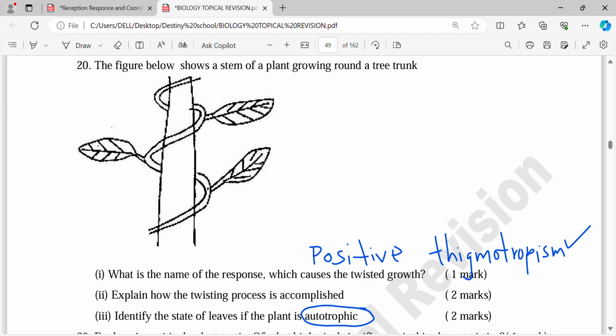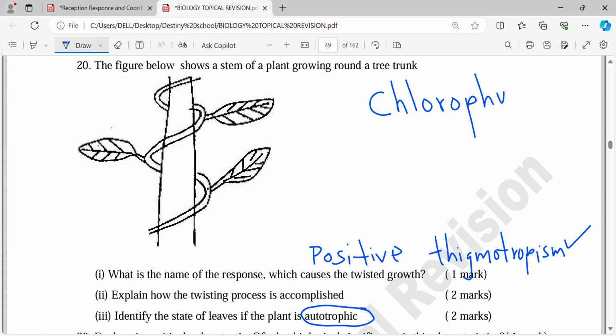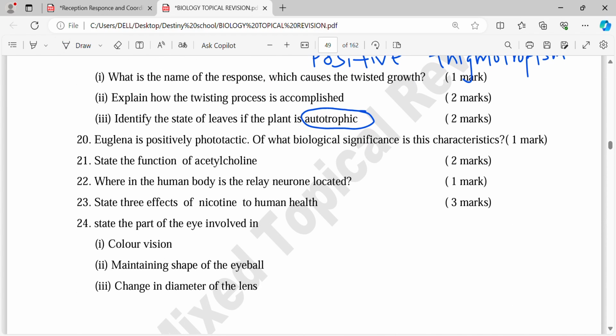They should be green in color and have chlorophyll, or they should have chlorophyll. When there's chlorophyll, the plant can be autotrophic because it makes its own food. So have chlorophyll or be green in color. That is the answer for that Roman. That is how you write chlorophyll.